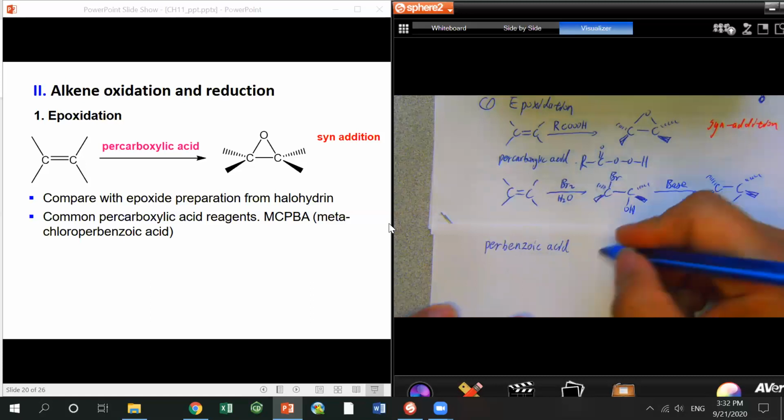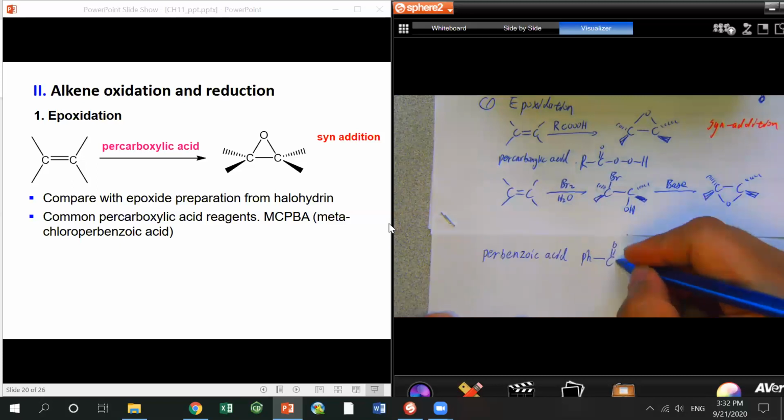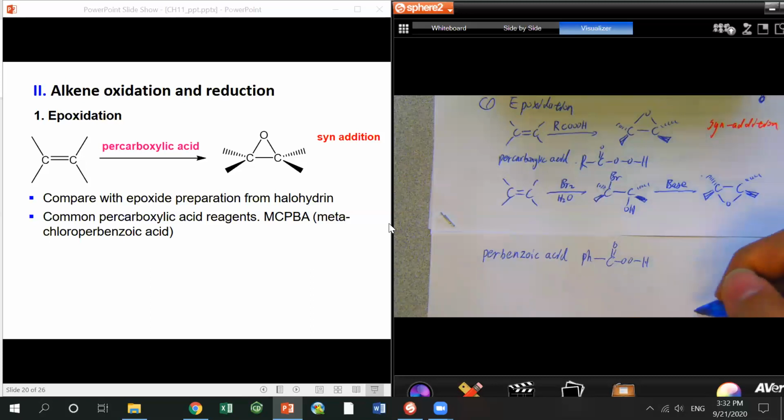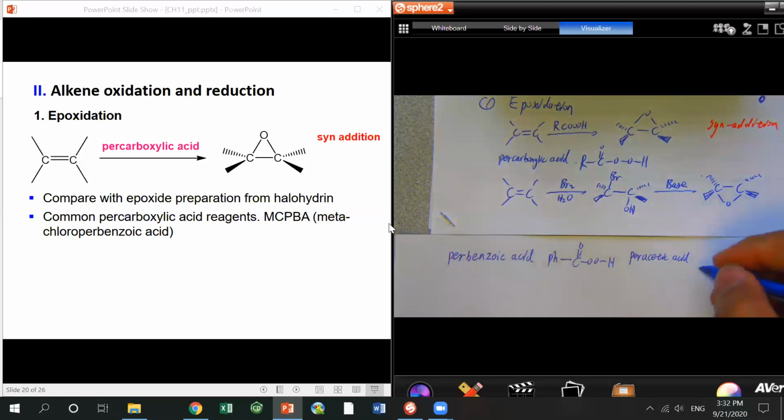Perbenzoic acid has this structure: the phenyl, and then the acid part should be COOH, so we have a COOOH. And the second one is called peracetic acid, so acetic acid CH3COOH, and for peracetic acid there's one extra oxygen here.